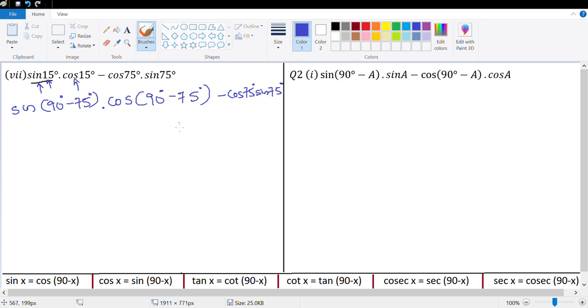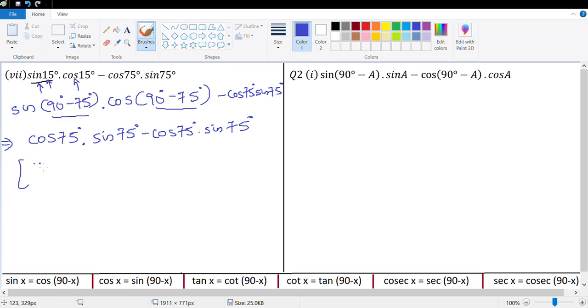I don't change the second term, all I have changed is the 15 degree. I have written it as 90 minus 75. Now this is sin 90 minus theta, which is equal to cos theta. So this is cos 75 degree dot, this is cos 90 minus theta, which is sin theta, minus cos 75 degree dot sin 75 degree.